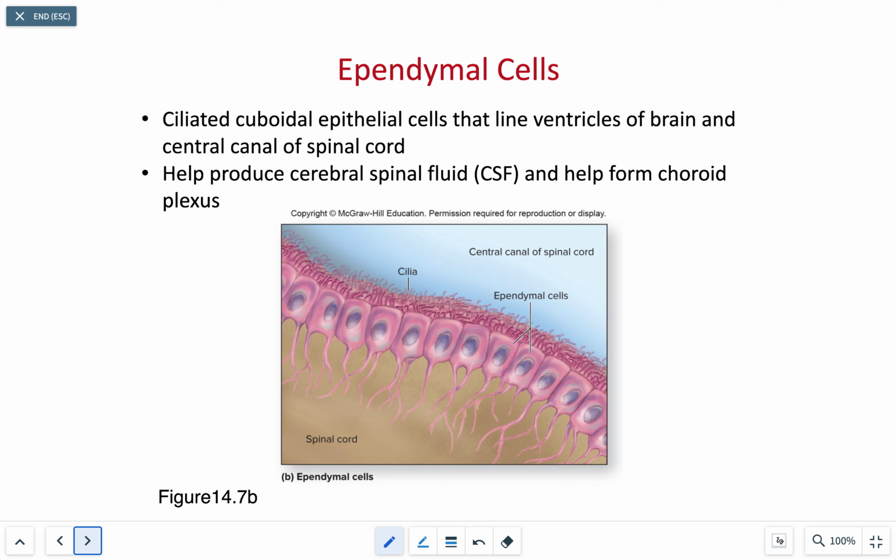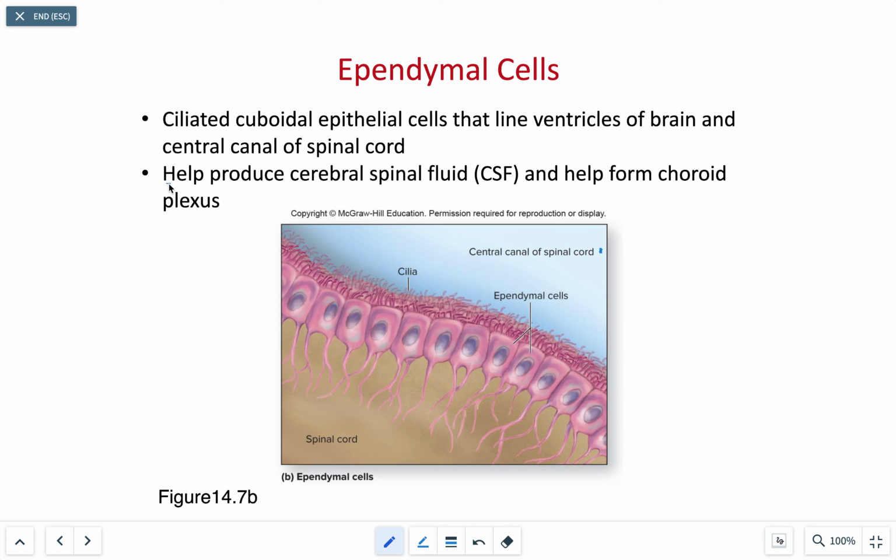The ependymal cells will be covered in detail with the production of cerebral spinal fluid. But the first thing we should know is that these are ciliated cuboidal epithelial cells. They line the ventricles of the brain and also, in this example, the central canal of the spinal cord.